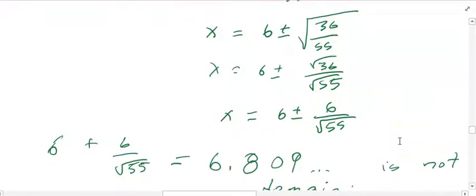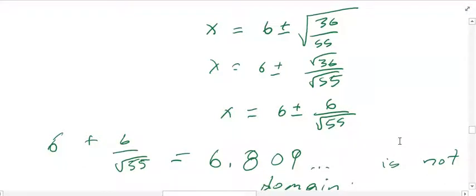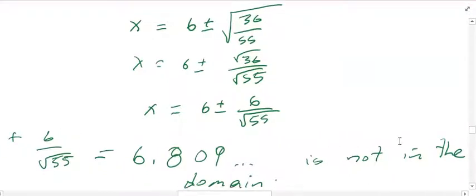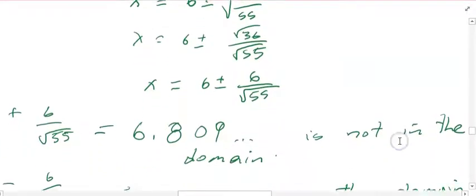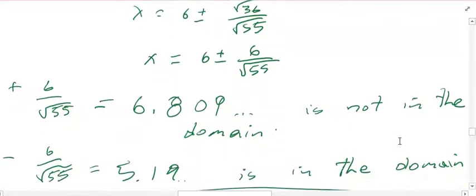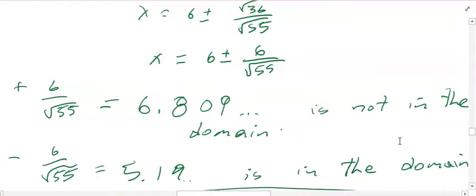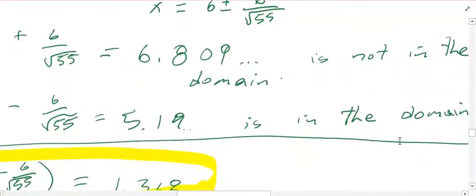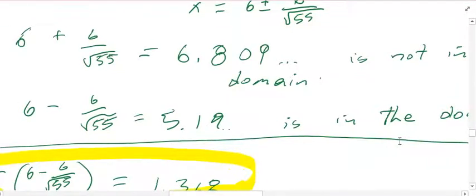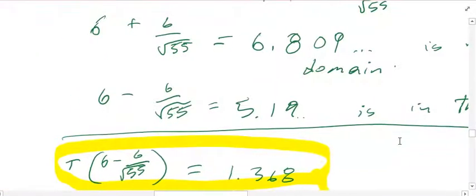The 6 plus 6 over radical 55 will give you 6.089, and this is not in the domain because x cannot be greater than 6. But 6 minus 6 over radical 55 will give you 5.19, and that is in the domain. So therefore, that is the one that we're looking for.